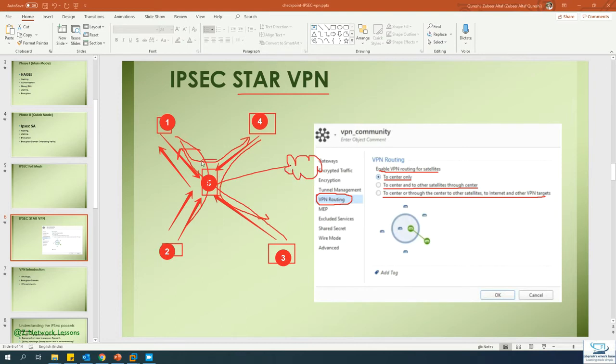The center can be your DC, where all the sites send their internet traffic, and after processing the firewall policies, the hub directs your traffic to the internet. So all your sites have internet reachability via your hub. That is the last type that you can see.